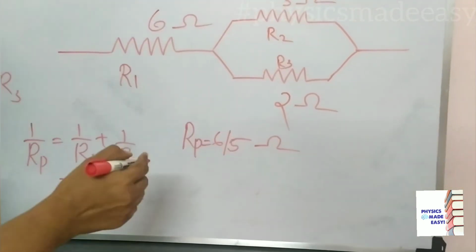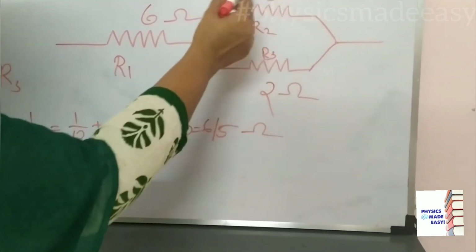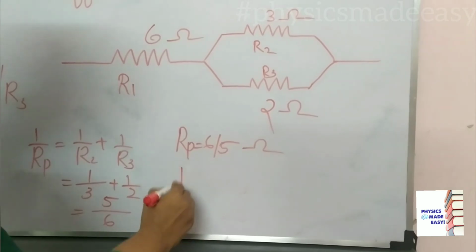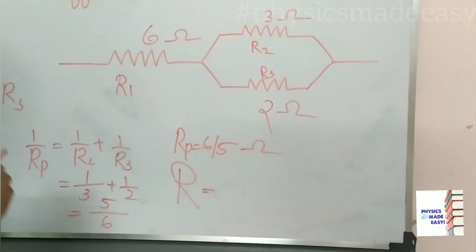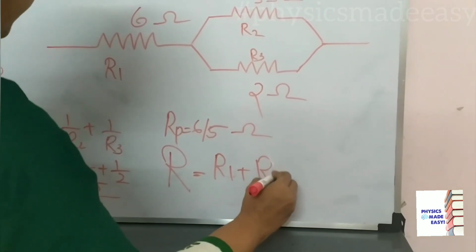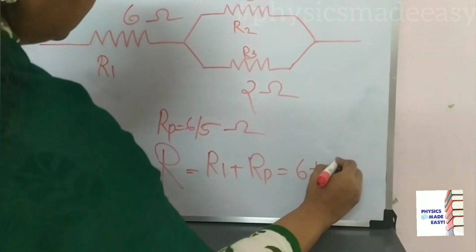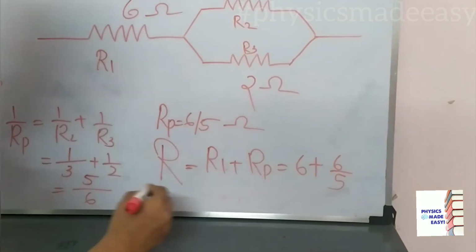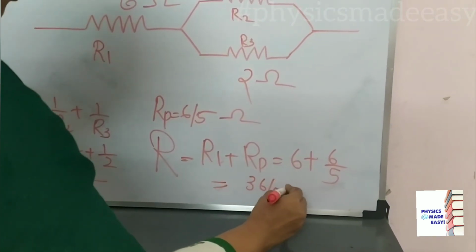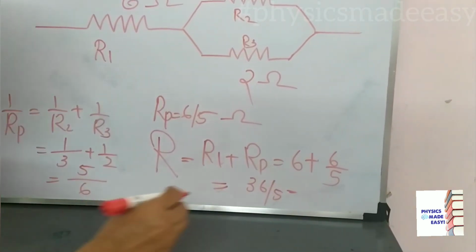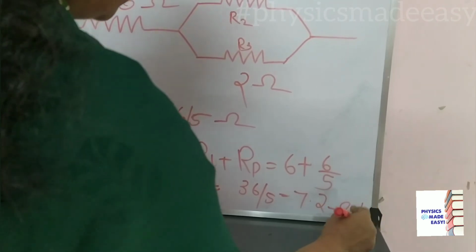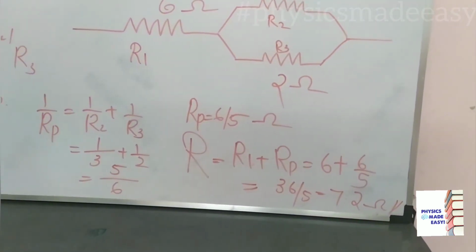Then this 6/5 ohm, this Rp, is connected in series with this 6 ohm resistance. So the total effective resistance in this circuit is R1 + Rp, that is 6 + 6/5. 36/5 is the answer here, 7.2 ohm, that is the effective resistance of this circuit.